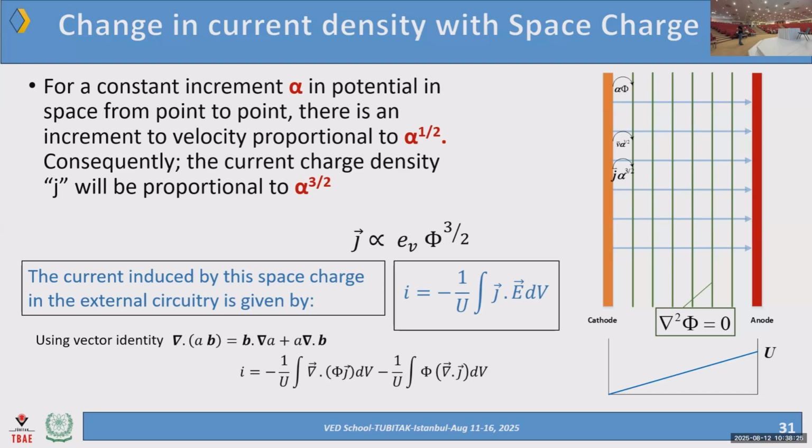So if we connect a power supply between these two, which we have to, the potentials are different, and the current density we feel is actually the 3/2 power of the potentials which are there. This is because we have introduced this current density J, the moving charges.